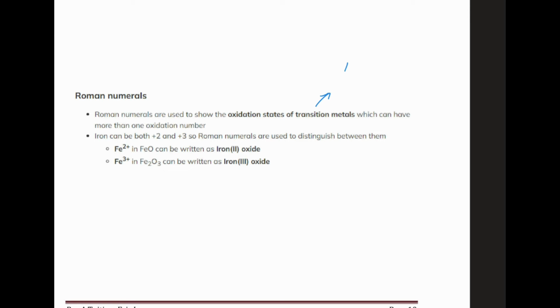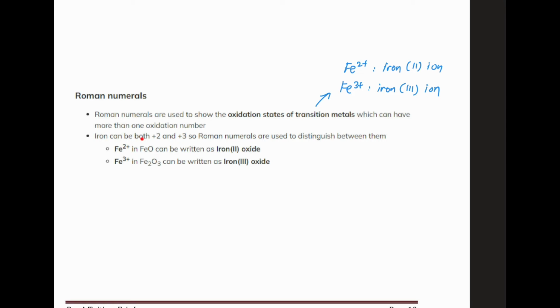You can see iron, we have Fe2+, Fe3+, then we call it iron(II) ion or iron(III) ion. So the Roman numeral is the one in the bracket. They have more than one oxidation number, so we must show which oxidation number we are talking about and we put it in Roman numeral.